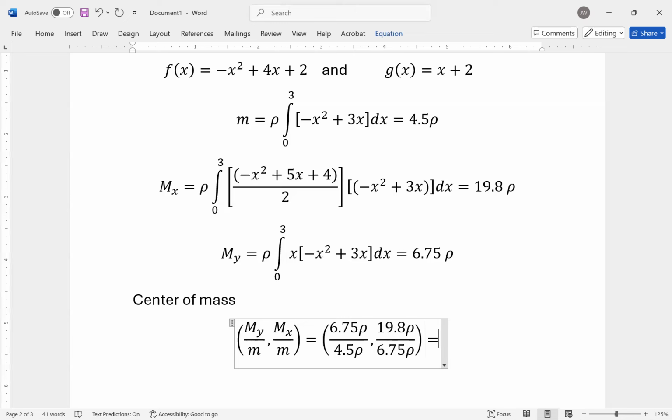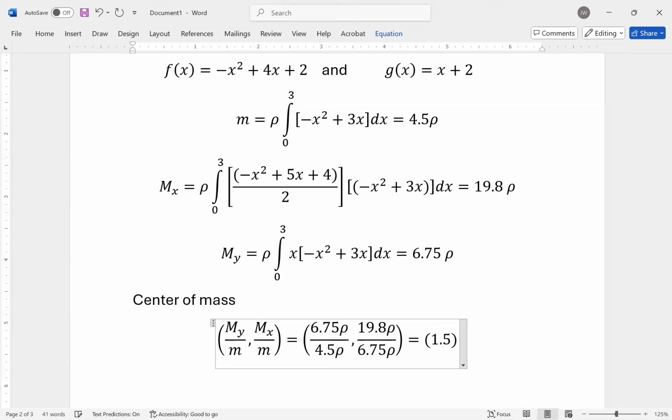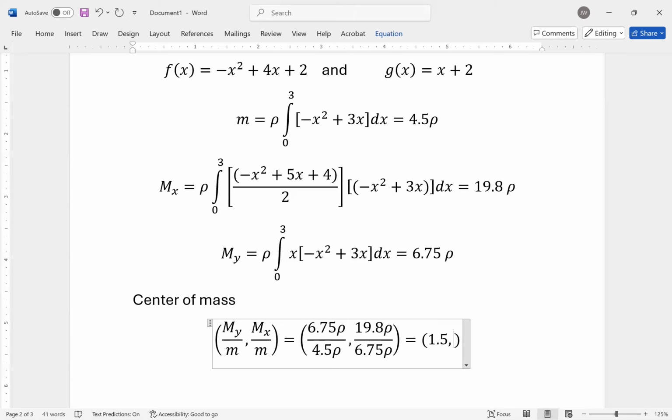If I simplify that, 6.75 divided by 4.5 is 1.5. 19.8 divided by, oh, I mistyped this. I'm sorry. I looked up and I saw 6.75. I should have divided by the mass of 4.5. So sorry about that.